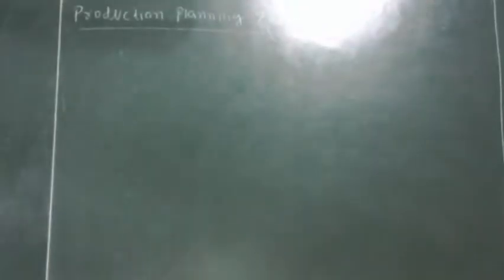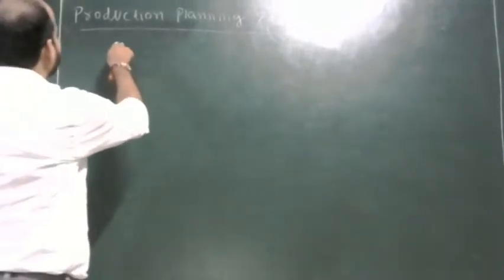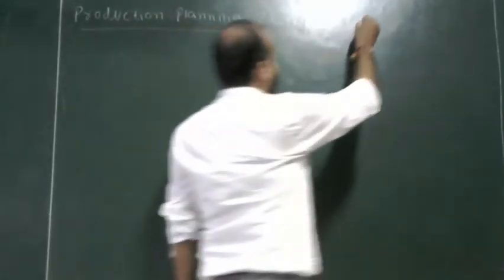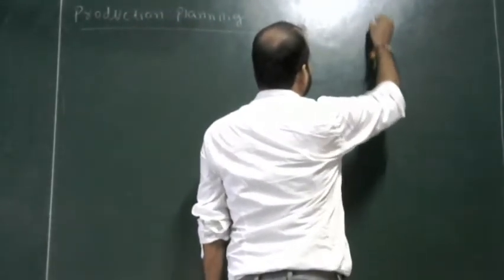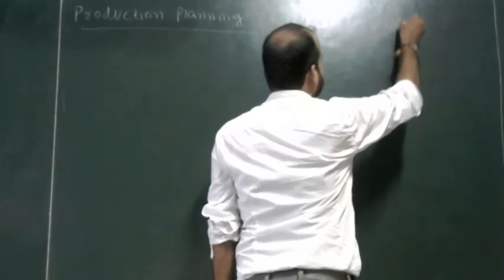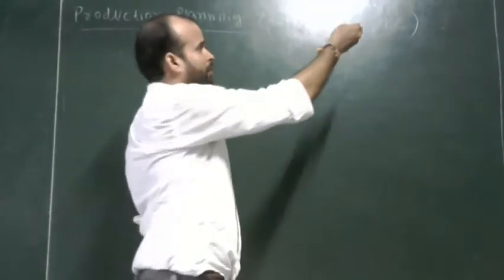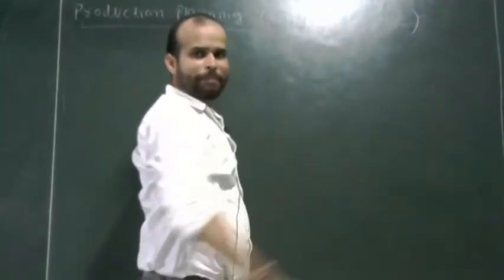Write down production planning as PP, and production planning and control as PPC. I am writing here PPC in a bracket. Okay.